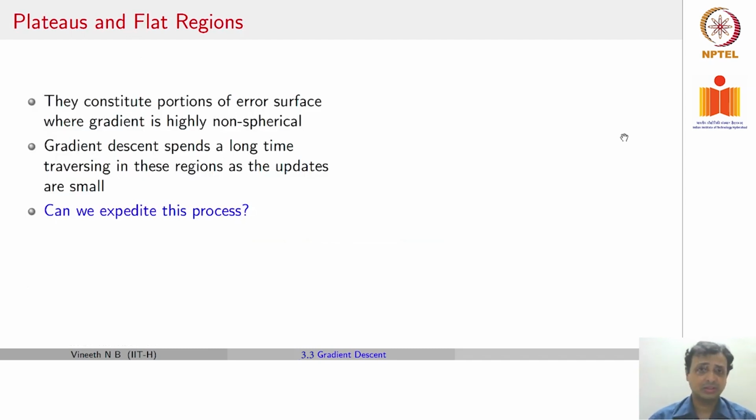That brings us to another facet of understanding how to train neural networks in terms of plateaus and flat regions. Plateaus and flat regions constitute portions of error surface where the gradient is highly non-spherical. What does this mean? When we say non-spherical, it means that each dimension of the gradient is of different values.